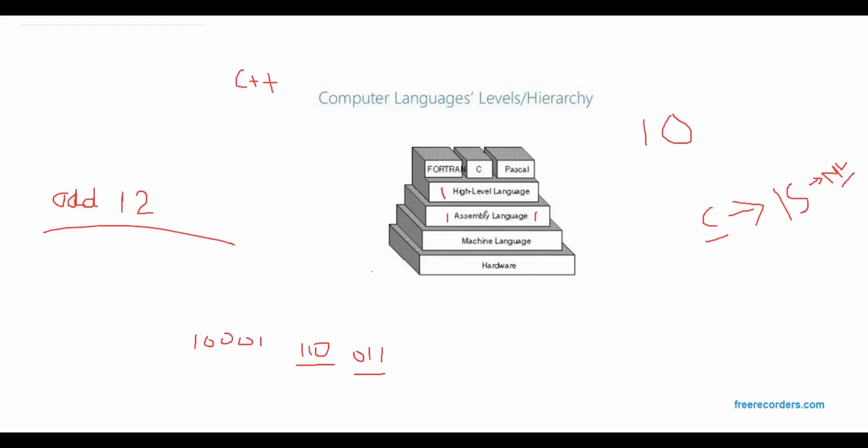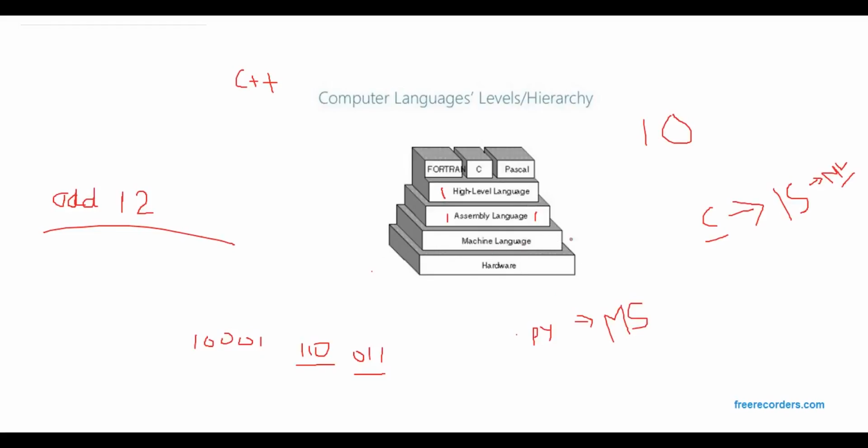So every high-level language will be converted into machine language. If you are writing a Python program, if you are saying anything .py, then it will be converted into machine language.